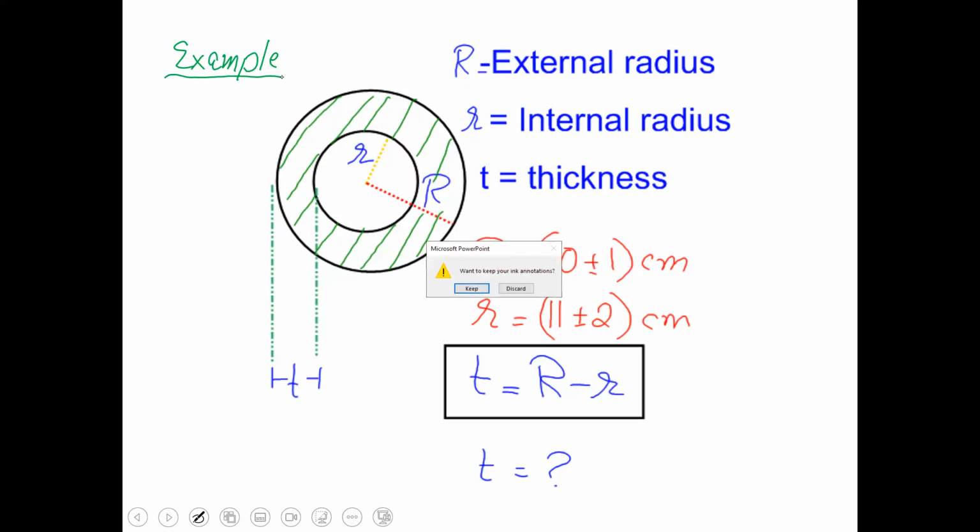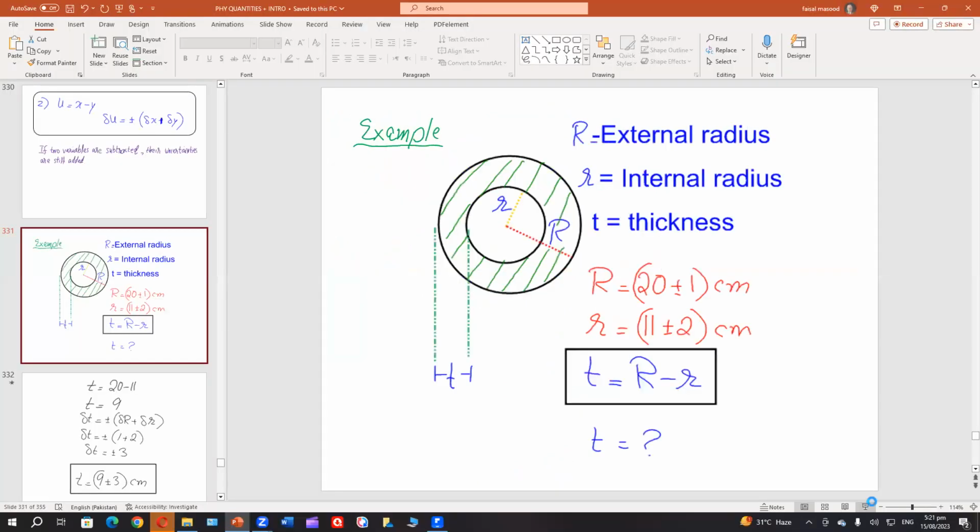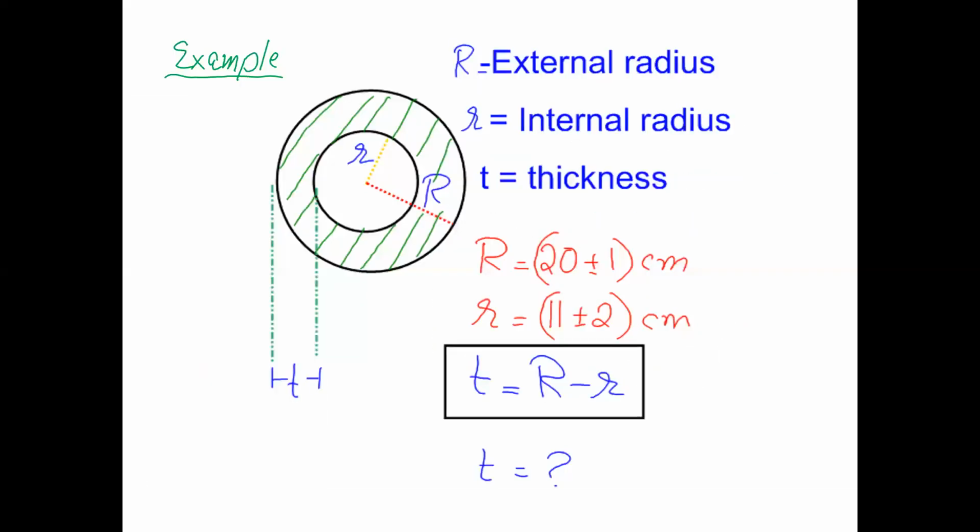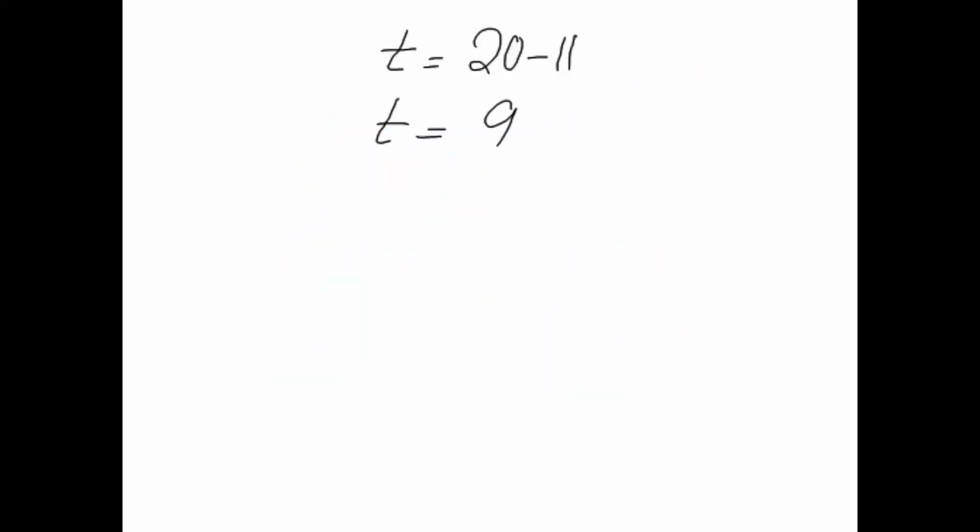You will have to follow the rule that if variables are subtracted, uncertainties are added. Look at the first step. Copy the first step.